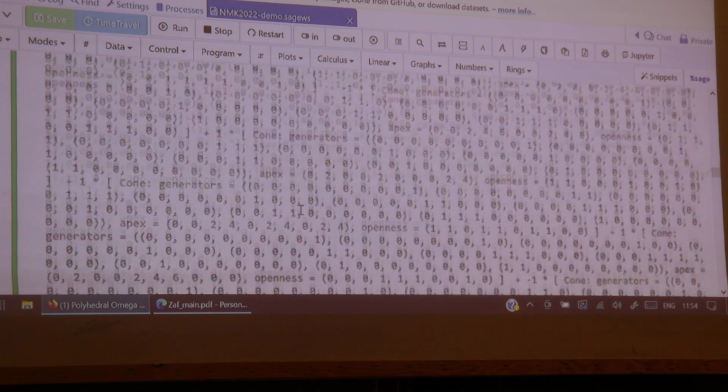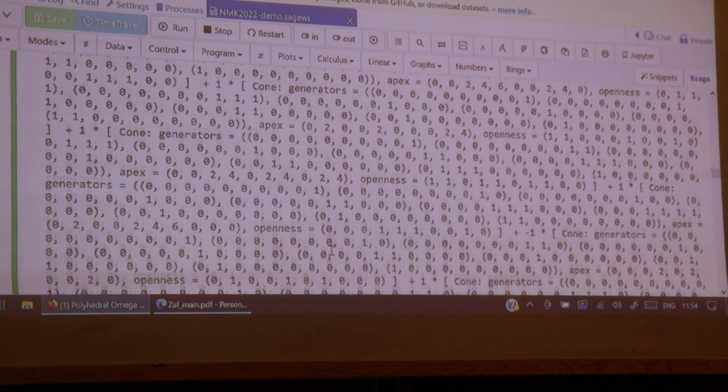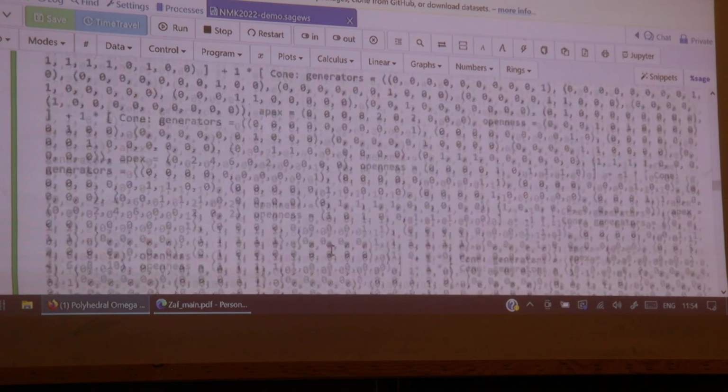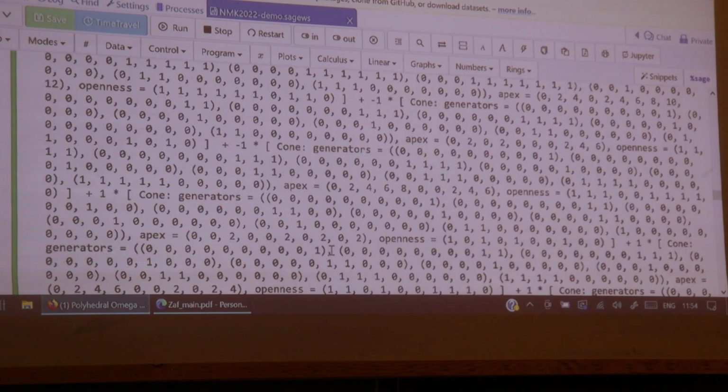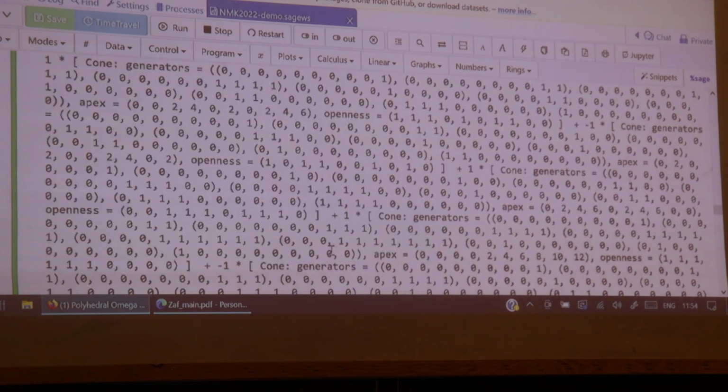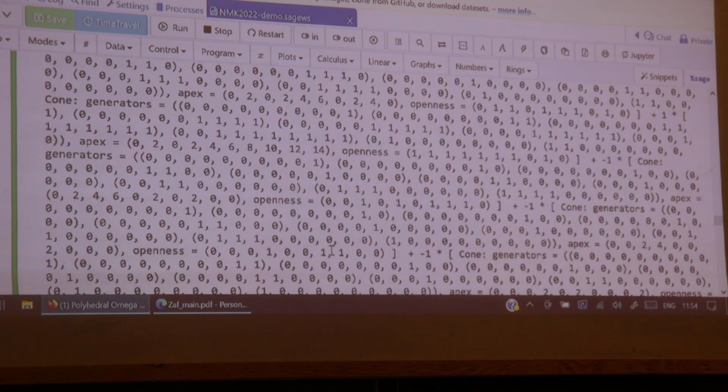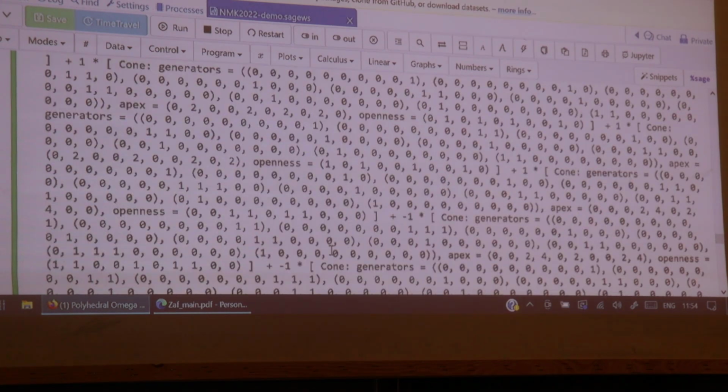The thing is, you may get a lot of cones in the decomposition, depending on the problem you decide to see. But as I said, usually here you will see a lot of structure.